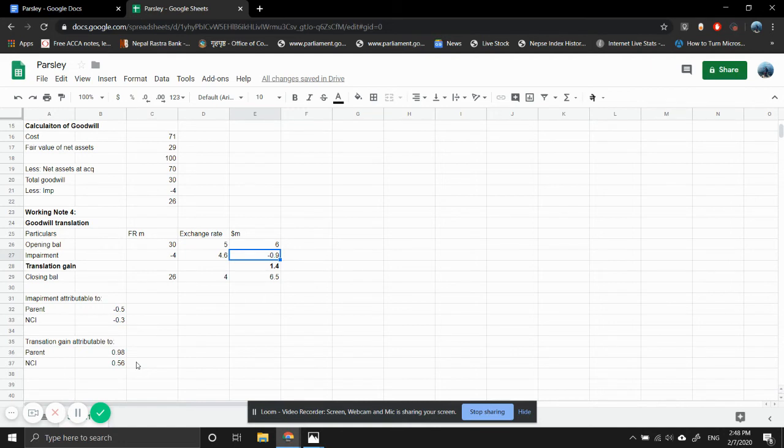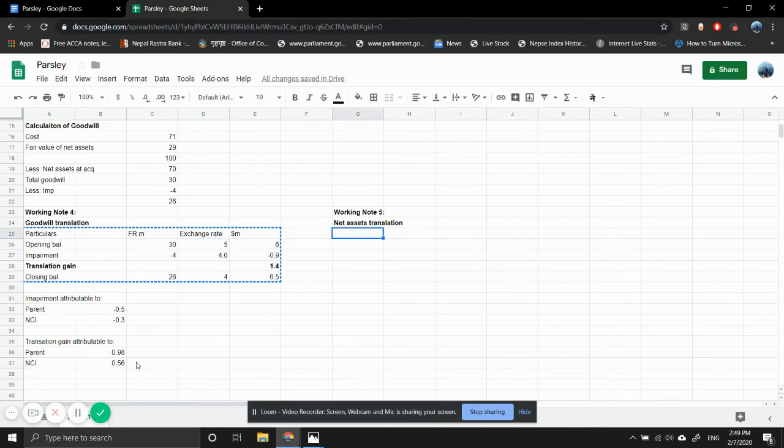What about foreign exchange translation working note 5? Bold it: net assets translation. So same thing for this as well.